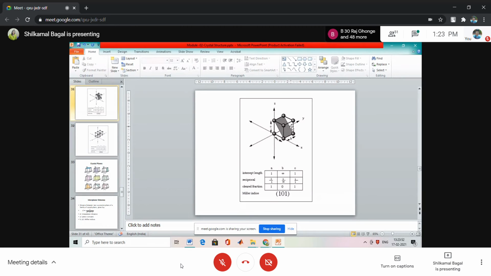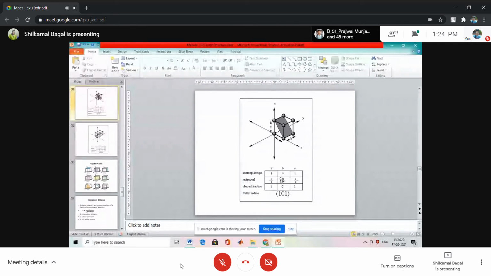This y axis is at the back face of this unit cell, and so this plane does not have any intercept with this axis. This plane remains parallel to the y axis at its back side, so this plane will never intersect that axis.